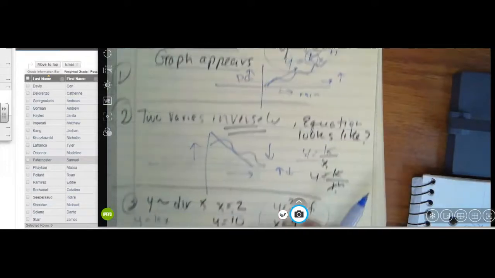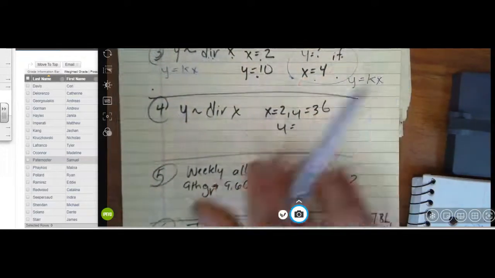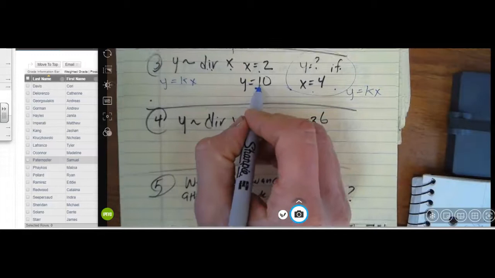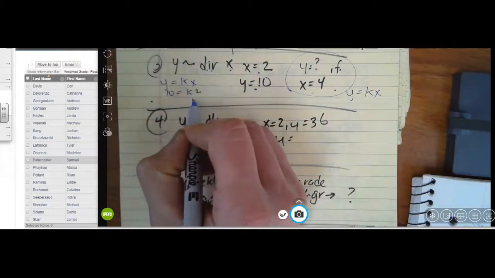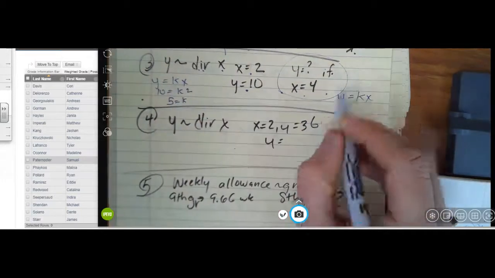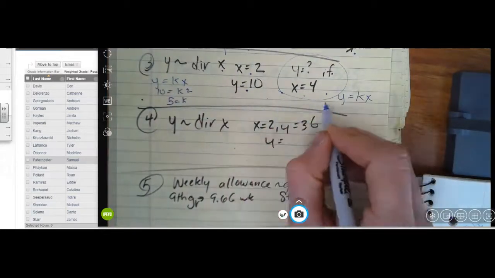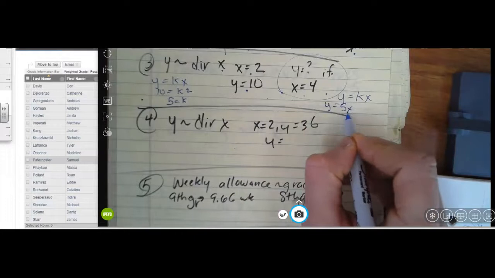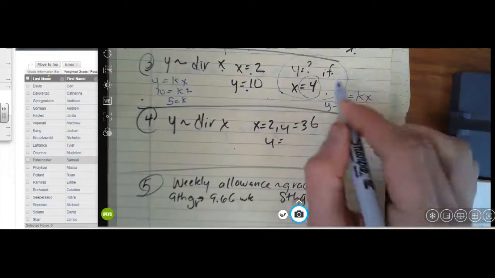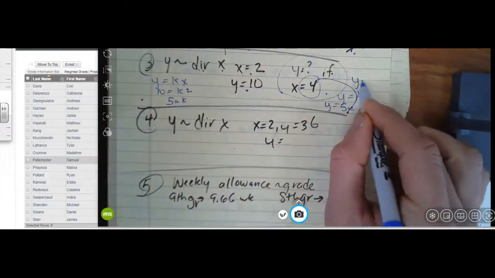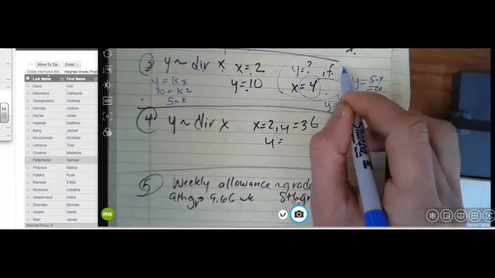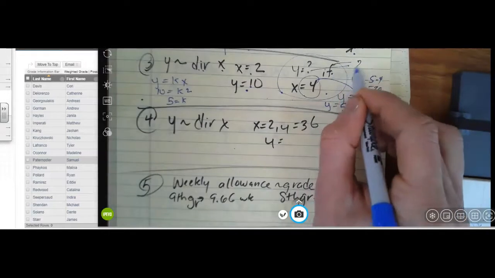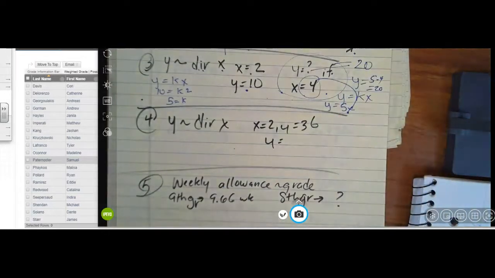We solve using the x and y they gave us. So we get 10 is equal to k times 2, so k is equal to 5. Now we have the equation y equals 5x. If x equals 4, we get y equals 5 times 4, which is equal to 20. So y is equal to 20, and that's all they're asking us to do there.